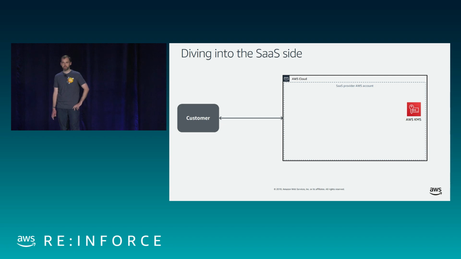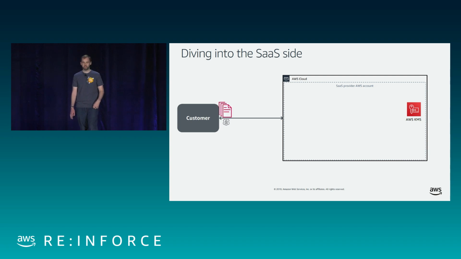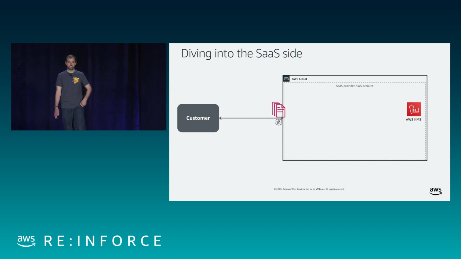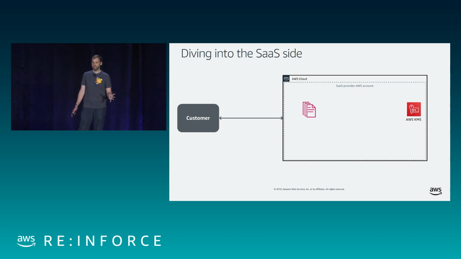So diving into what they're doing on the SaaS side, here's diagram number 2 of envelope encryption. But we won't do the decrypt side this time. So you're sending your data from the customer side into the SaaS via like TLS or however you want to get it over encryption in transit. Once it's there, they're going to make a call to KMS.